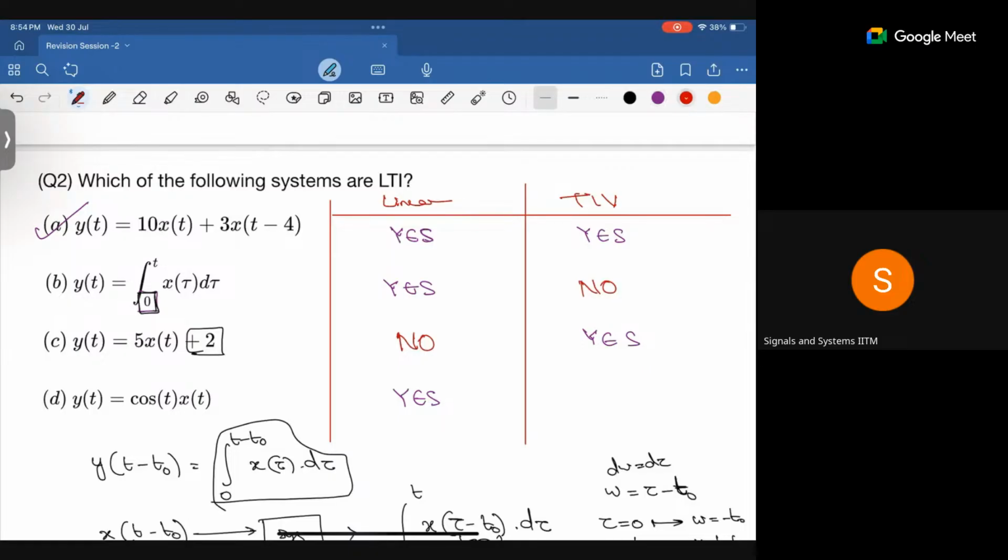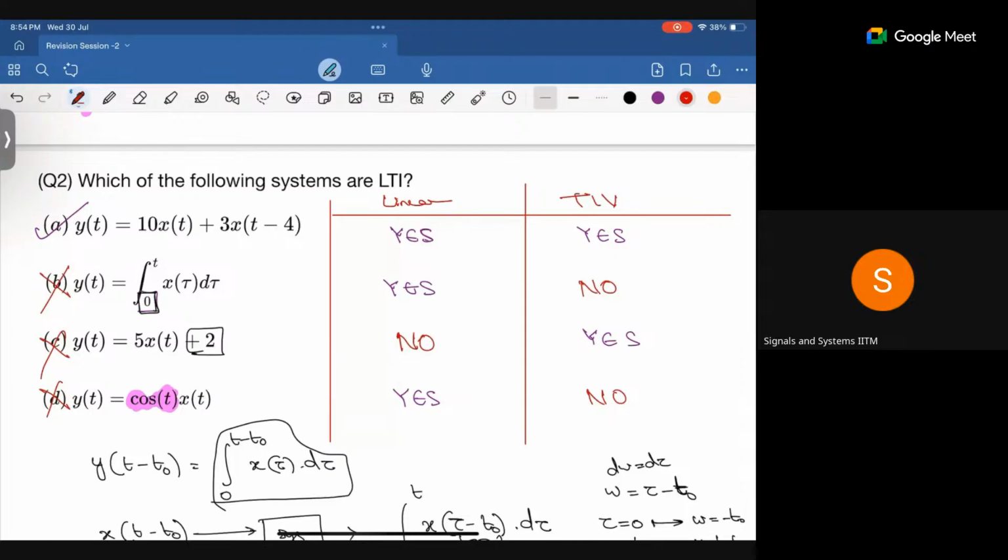It will not be time invariant because apart from x of t, I also have this cos t. So this breaks the time invariance property. So that way, only option A is a linear time invariant LTI system. Apart from that, the rest of them are not LTI systems.